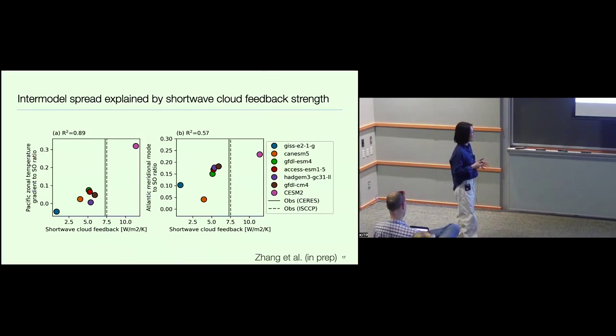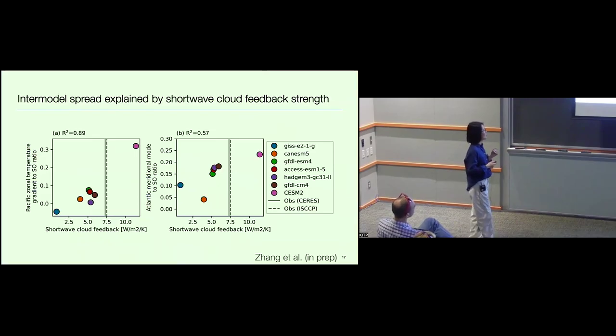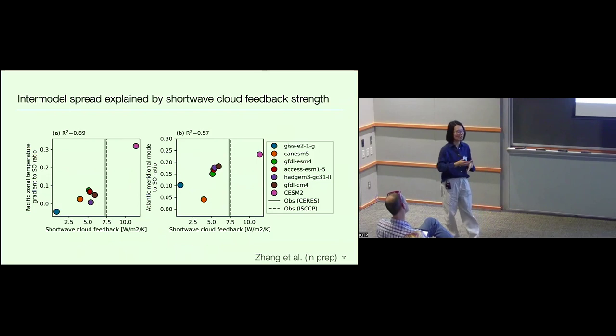Models that underestimate the subtropical low cloud feedback have a weaker teleconnection, both in the Pacific and the Atlantic, and the one model, CSM2, that has a super strong cloud feedback has a very strong teleconnection. And I forgot to mention, I'm showing a ratio to the Southern Ocean anomalies. It's trying to normalize the fact that these models also show very different cooling over the Southern Ocean.